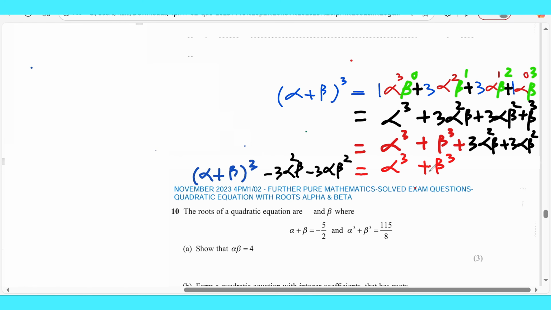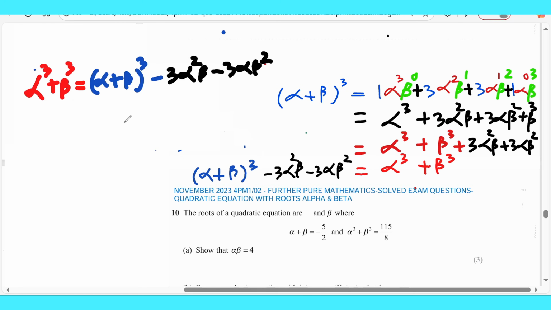So now we switch left and right hand side, and now we factorize this one, because these two have the common factor of 3 alpha beta. We take that out.